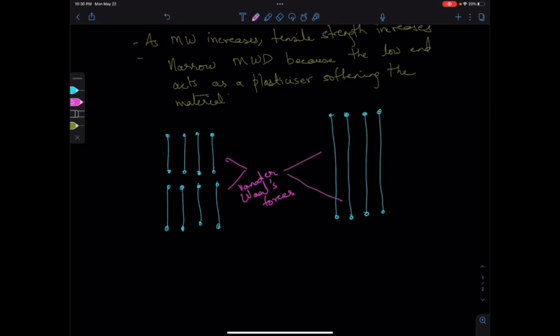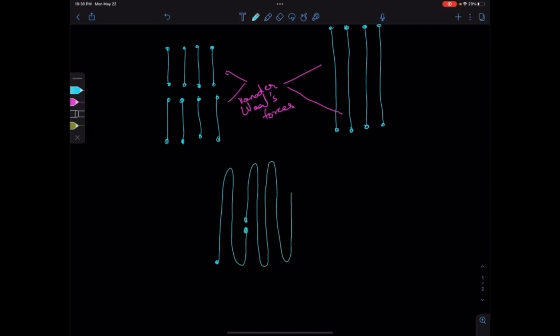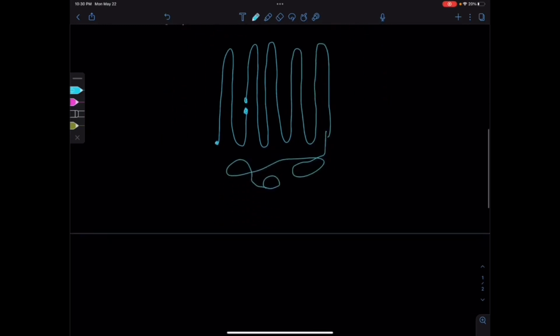However, if you consider polyethylene, which has a very high molecular weight, it has a lamellar structure which has crystalline portions with chain folds, and then there are some amorphous regions followed by again some crystalline portions.